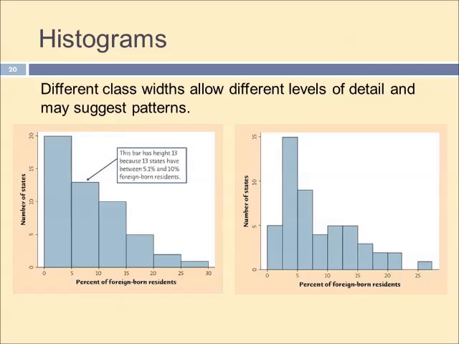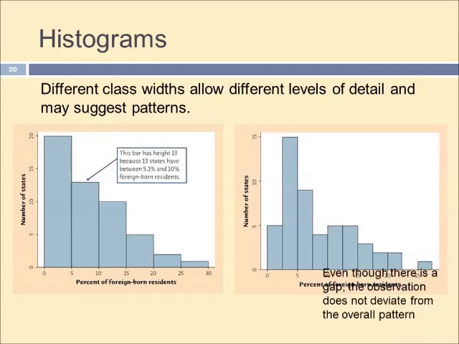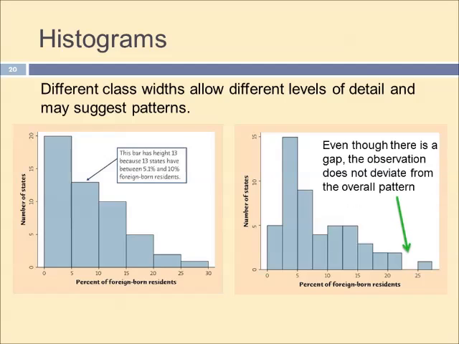So we're just making it a little bit finer. Notice this does give a lot more detail than the graph on the left. Notice also, even though there's a gap here, this observation really doesn't deviate from the overall pattern. There's just a hole where there are no observations. So we wouldn't call that an outlier.